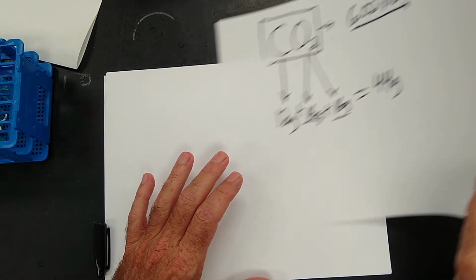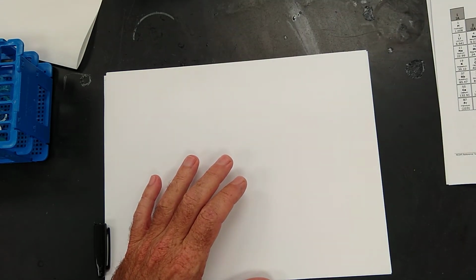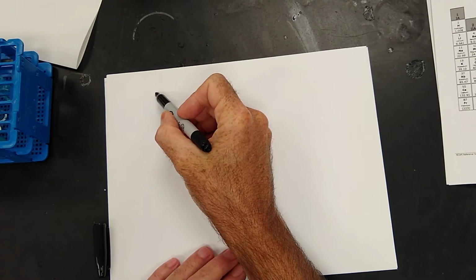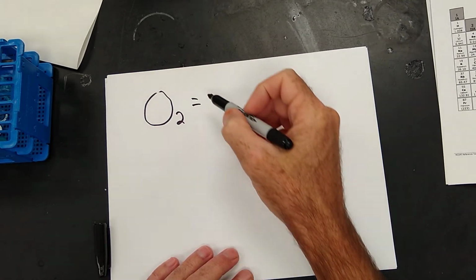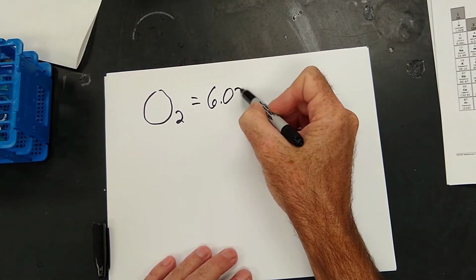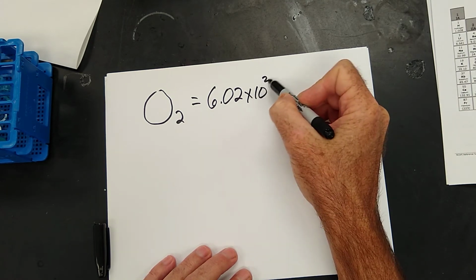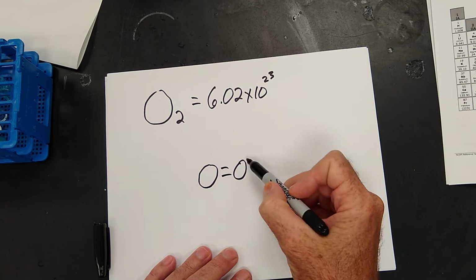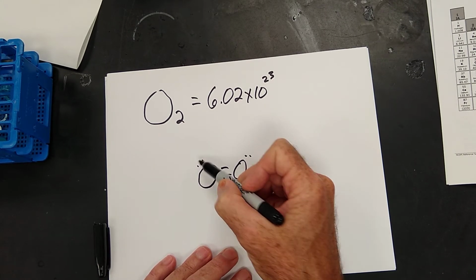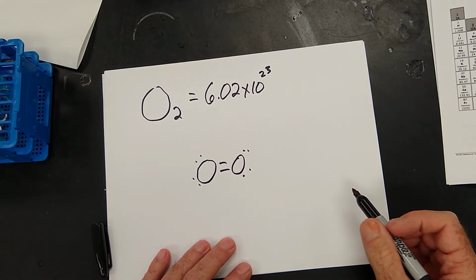But right now, we're just going to talk about what this means. Let's do one more. What if we had O2, O2 gas? If we had 6.02 times 10 to the 23rd of these molecules, O2 would be a linear molecule like this, right? There's O2.